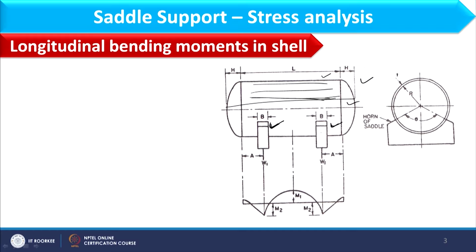For example, this is a beam which lies on this saddle as well as this saddle. The total weight will be equally divided between these two saddles. When the weight acts on these supports, the supports will give a reaction in the opposite direction. This will happen here and it will happen on the second support also.